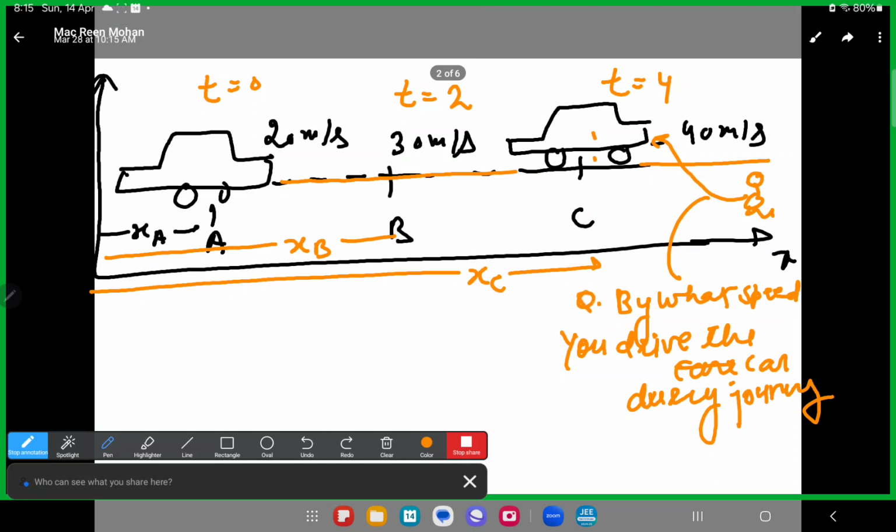Fine, this is question number one. So what answer is the driver supposed to tell the person? Because he has got confused whether the velocity is 20 or 30 or 40.